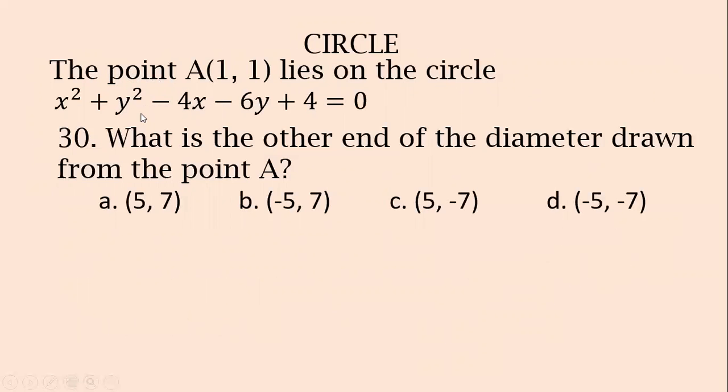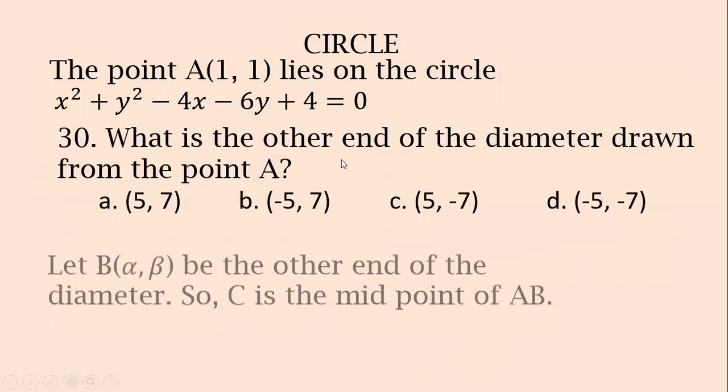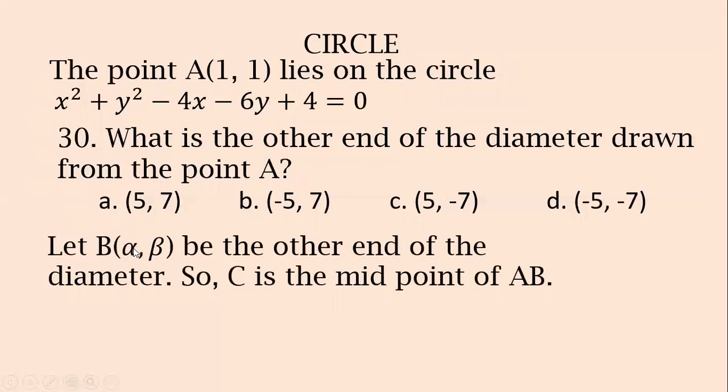Then next question, what is the other end of the diameter drawn from the point A? So let us consider B (alpha, beta) be the other end of the diameter. So C is the midpoint of AB.